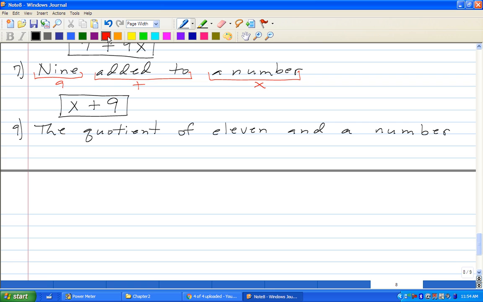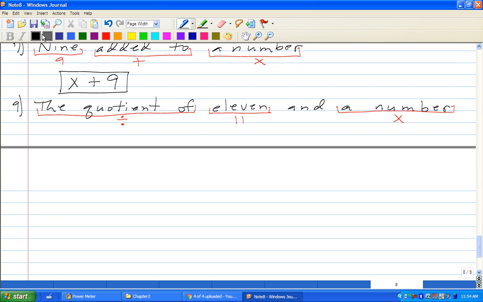And so the quotient of division 11 and a number x. And so this is just the quotient of 11 and a number. So 11 divided by x.